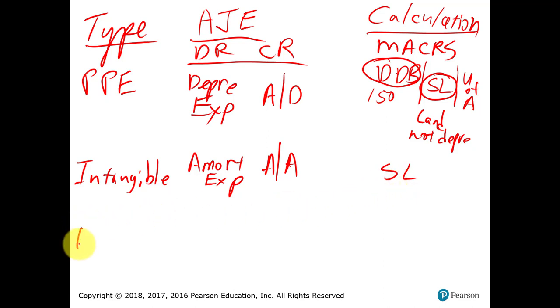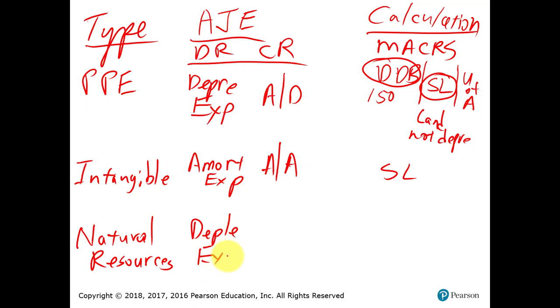Let's talk about something that's not common as a deduction for businesses in Hawaii, and that's natural resources. So typically you're talking about stuff like oil wells, gold mines, standing timber, and they would claim a depletion deduction, or let's see, crediting an accumulated depletion account. Yeah, a depletion allowance.